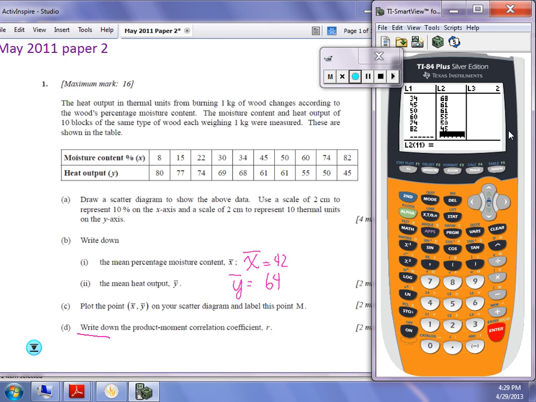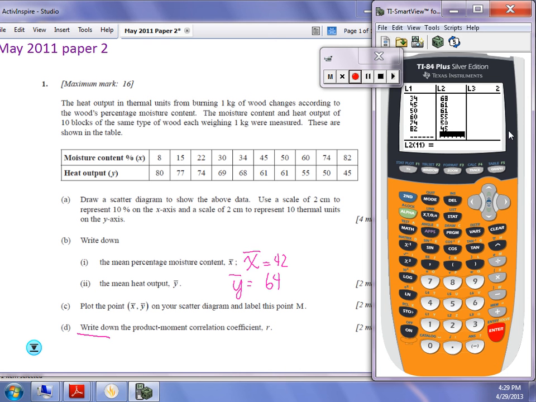Hit the enter button twice. Make sure that you see the word Done. Then you've already got your data in list 1 and list 2. Go back and calculate the line of best fit, or the regression equation.